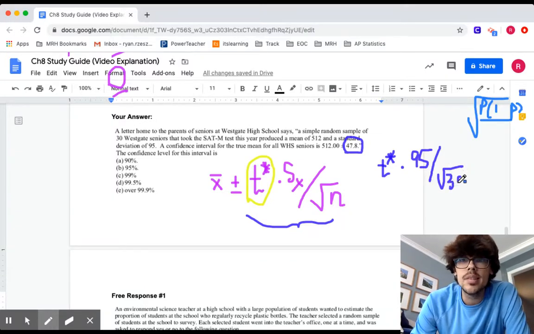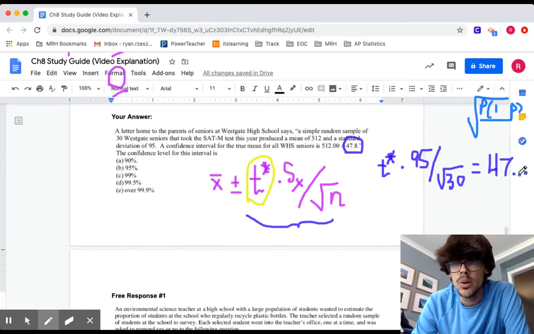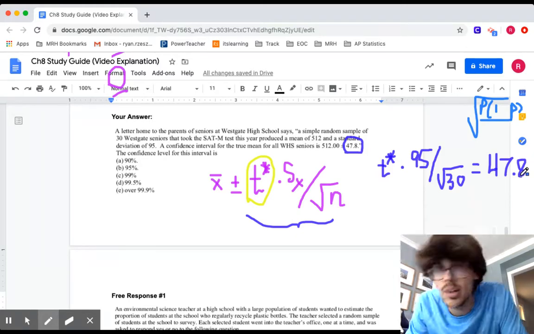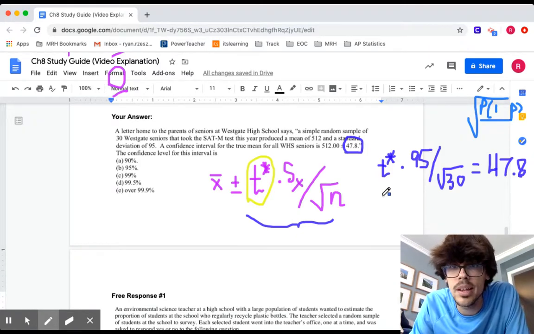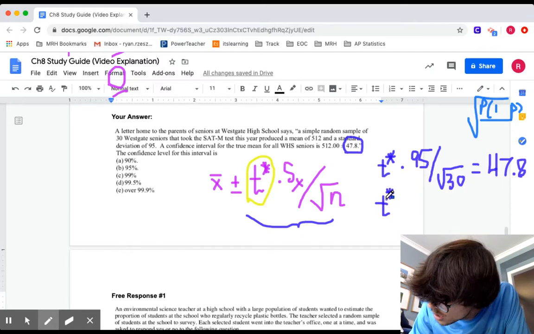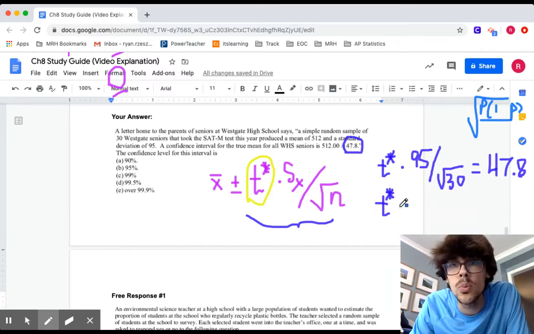So I have this, and I have that equals the 47.8, which is my margin of error. The 95 divided by root 30 thing is equal to 17 point something. But if you divide by that, you should end up getting a t star value of 2.756 if you just solve this algebraically.